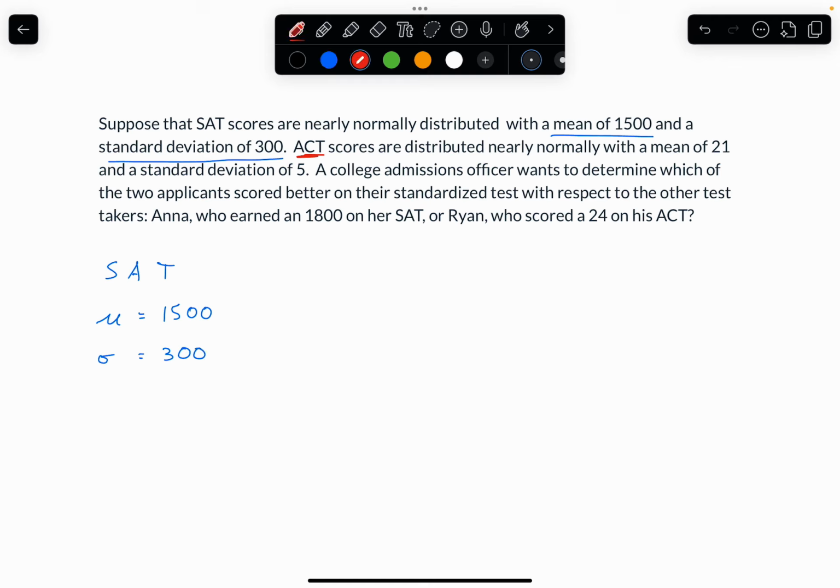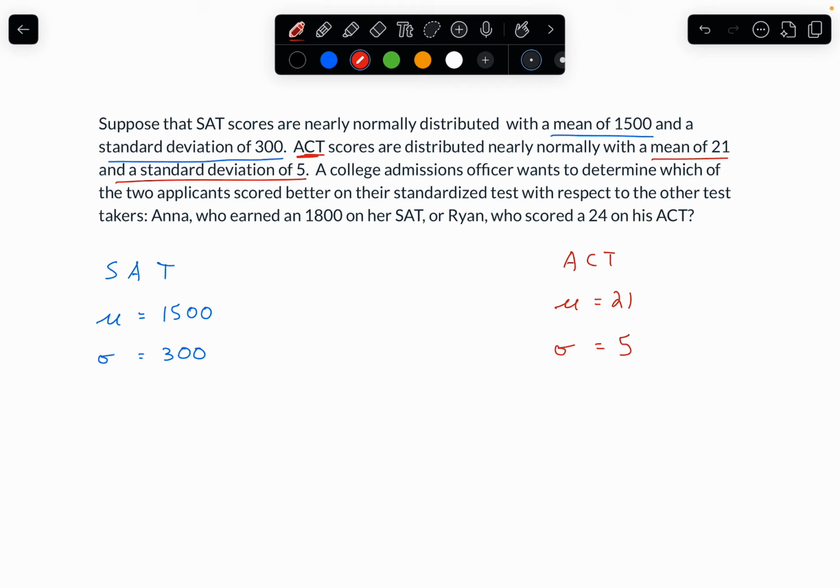Let's make a note of that because we're going to come back to it in a moment. We also have ACT scores, which are distributed nearly normally with a mean of 21 and a standard deviation of 5. So for our ACT scores, the mean of this distribution is 21 and the standard deviation is 5.